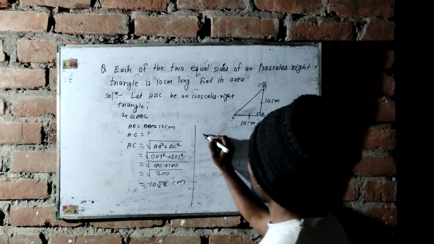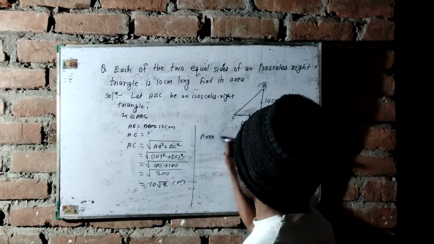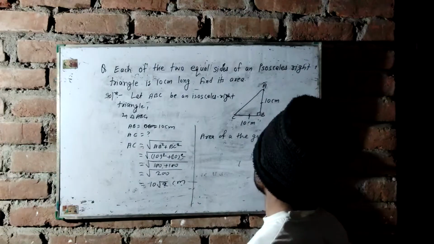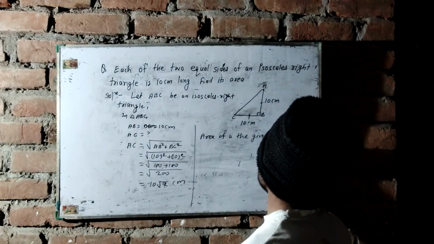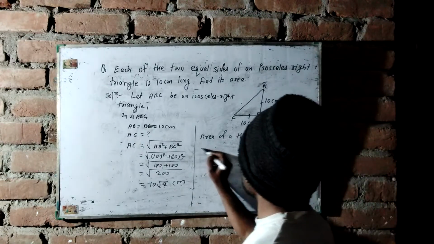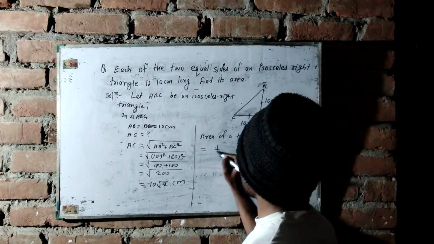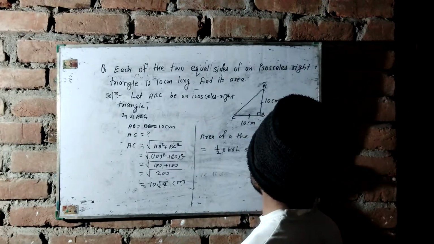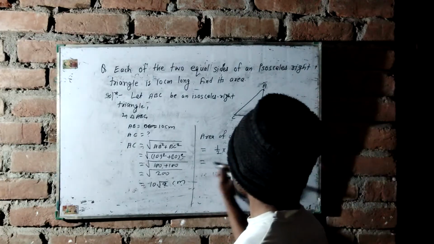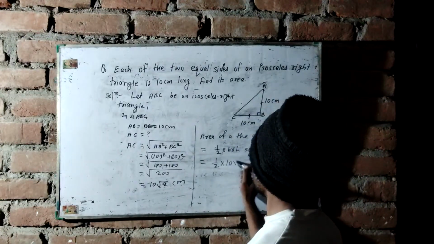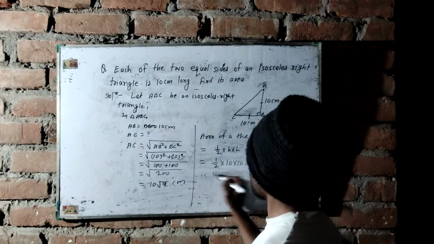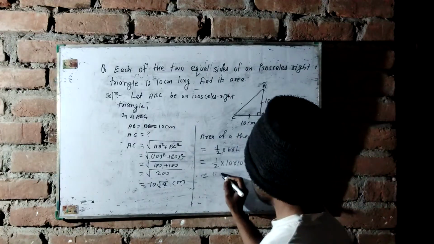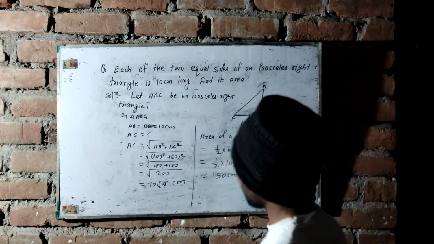So you can write area of the given triangle is equal to 1 upon 2 into base into height, square unit. So 1 by 2 into 10 into 10 centimeter square. After solving this, you will get 50 centimeter square.